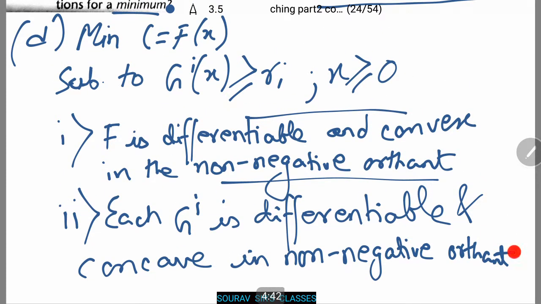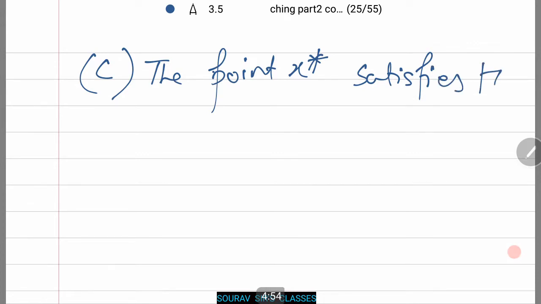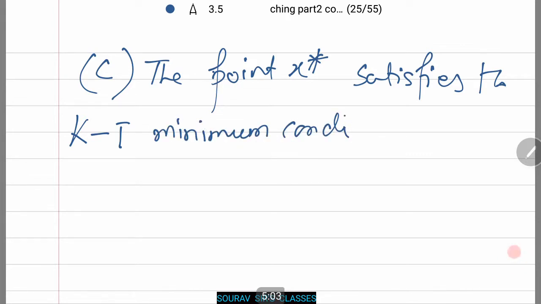And lastly, we will see that the point x star satisfies the KT minimum conditions.